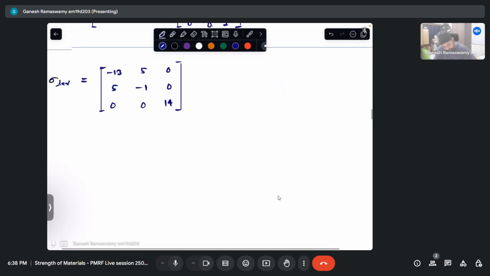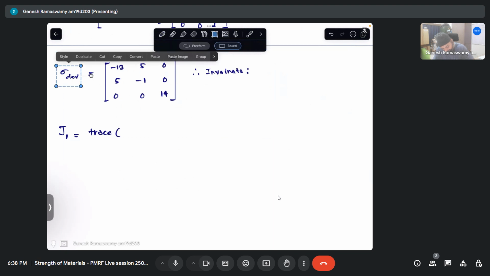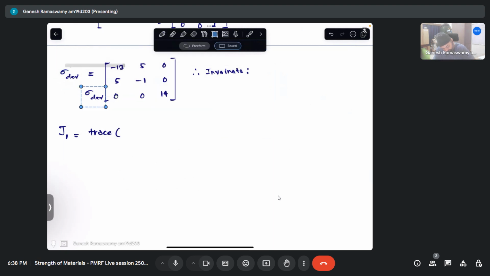So the invariants: J1 is the trace of this quantity, which is nothing but the sum of the diagonal elements, which will be identically 0.